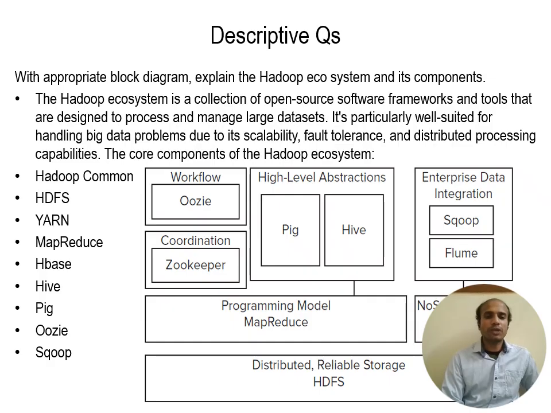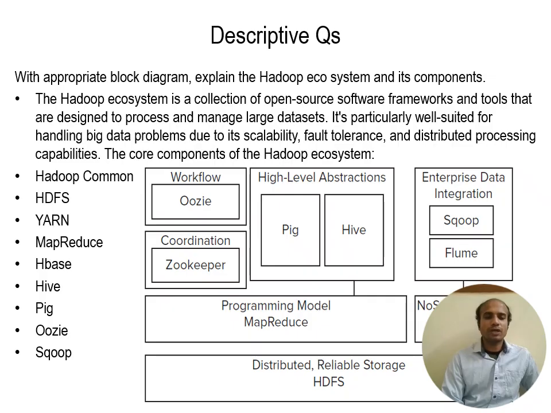After you explain Hadoop Common, you have to state the significance of HDFS and how exactly it works in the Hadoop ecosystem, and how YARN, Yet Another Resource Negotiator, complements the system, and the significance of MapReduce.